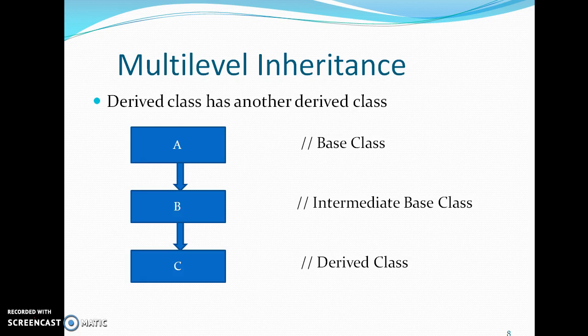A is a base class and B is a derived class which is derived from A, but the B class, which is derived, is acting as a base class for another class, that is C. So this type of inheritance is multi-level inheritance. There are no limitations on making the levels. You can go for any level depending on your requirement.